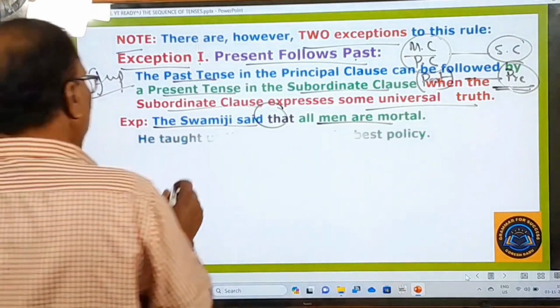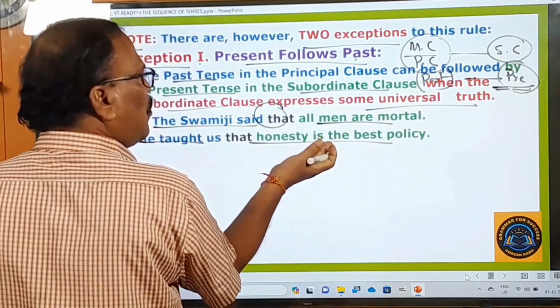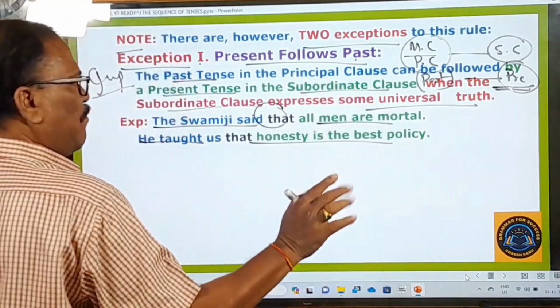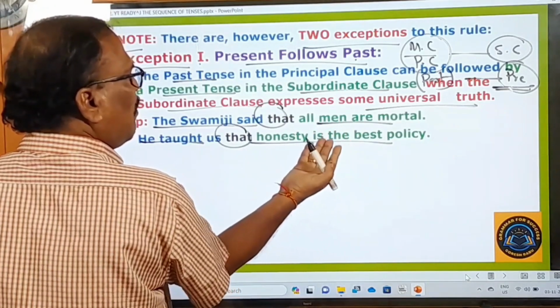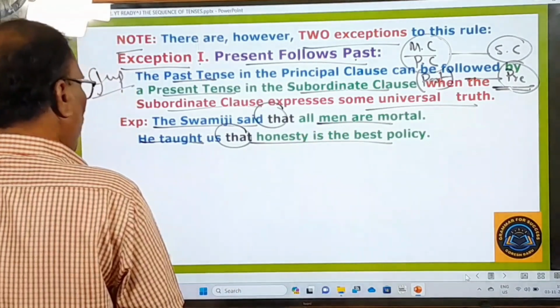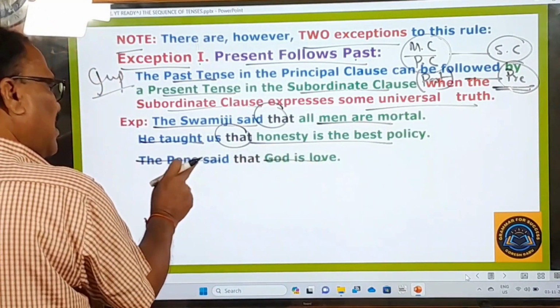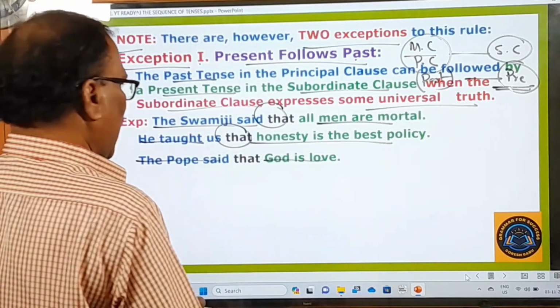Okay. And here you pay attention. He taught us, this is the main clause, that honest is the best policy. This is the universal truth. Whether you believe in this or not, honest is the best policy. So this is the what? A subordinate clause. In the subordinate clause, you can find the present tense, right? And one more example. The Pope said, God is love. The Pope said, this is in the past tense, but the subordinate clause is in the present tense, right?